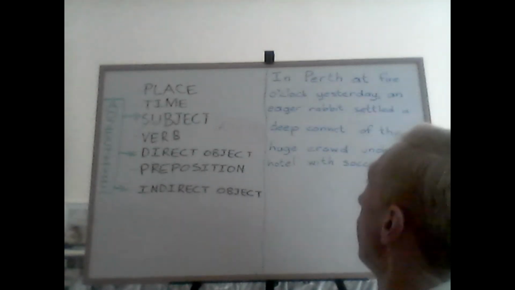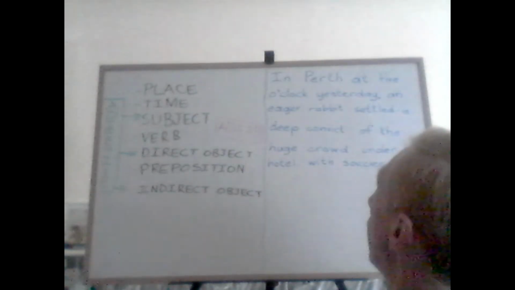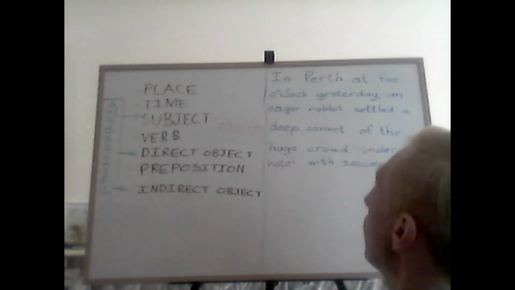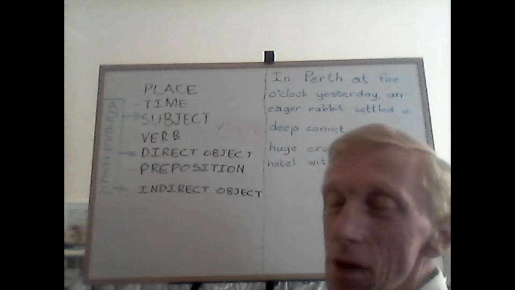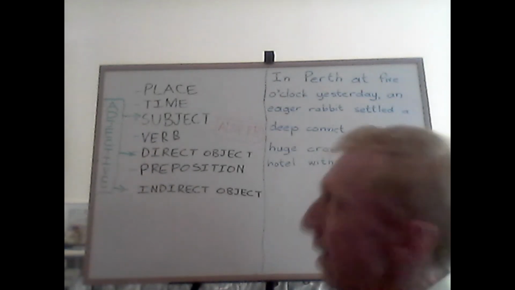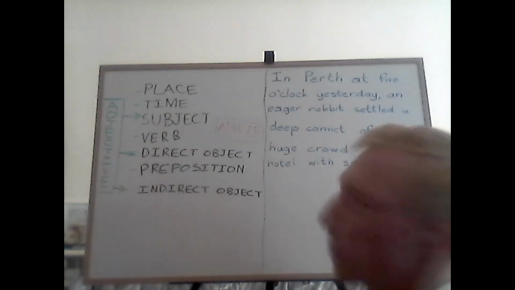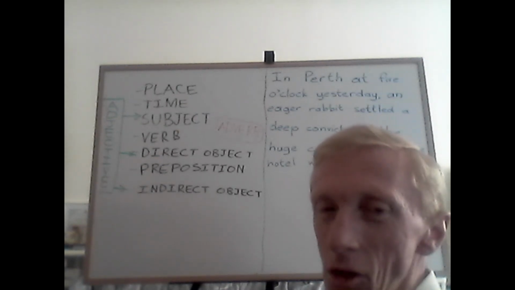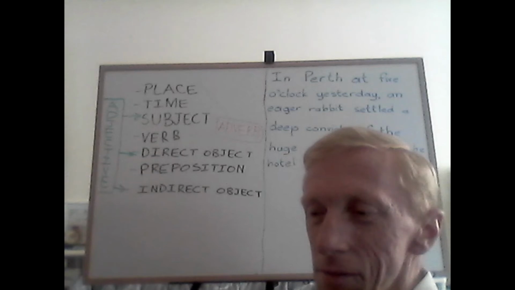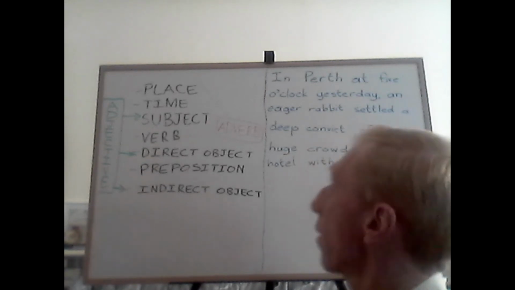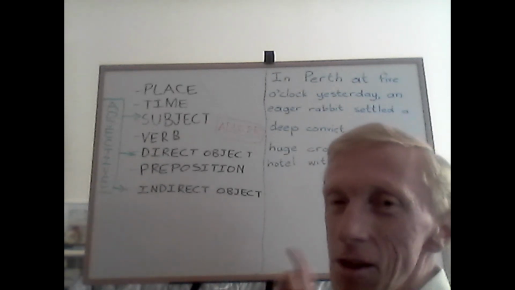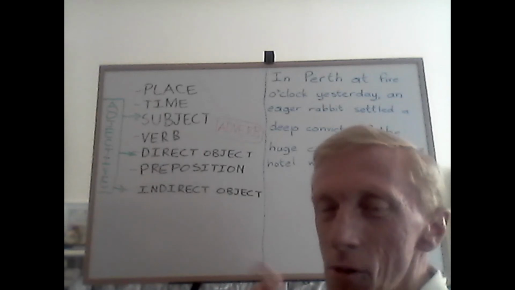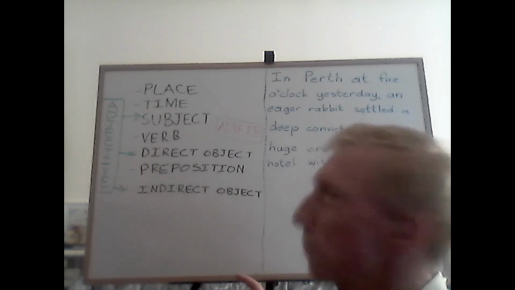Well, I don't think we can use regularly in this sentence. Regularly means something that keeps on happening. But we've only said one time, one place.